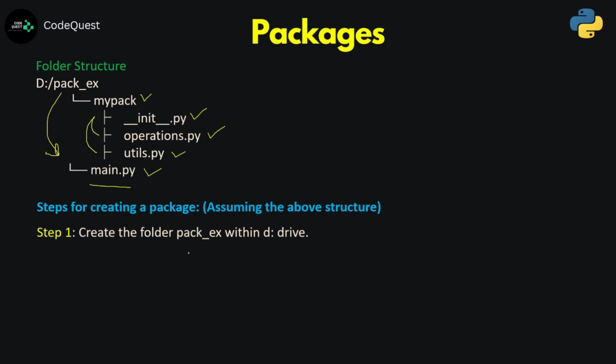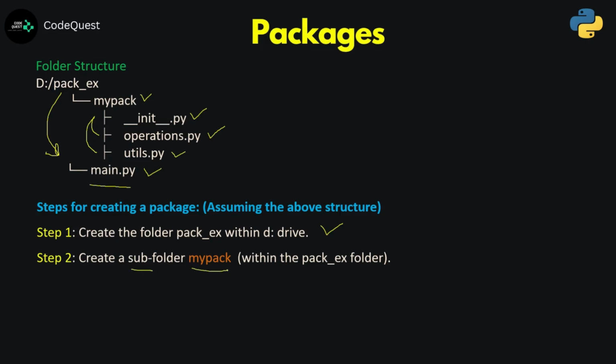So in step 1, we will be creating this pack_ex folder within the D drive. Now once we have done this, inside this folder we'll be creating a subfolder with the name, say, mypack, and this is what I am going to treat as a package. Now as we already mentioned, the presence of this file within this folder is going to treat this folder as a package.